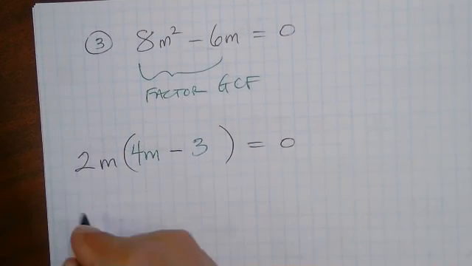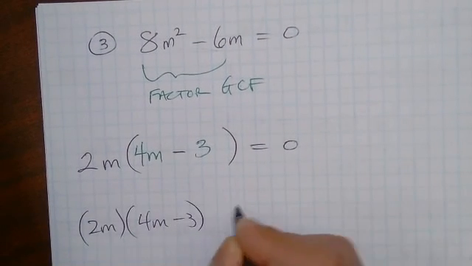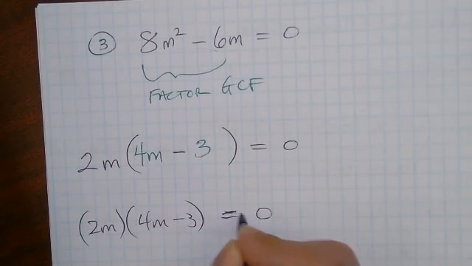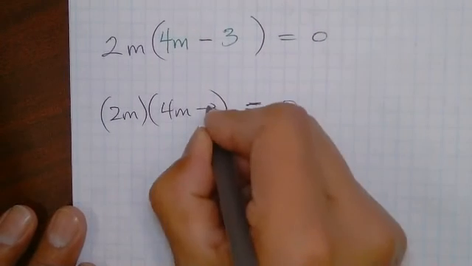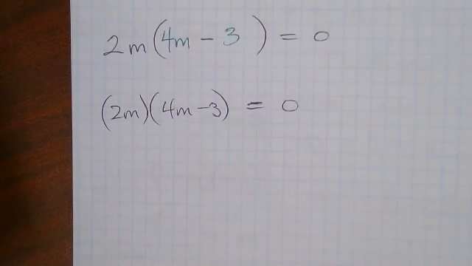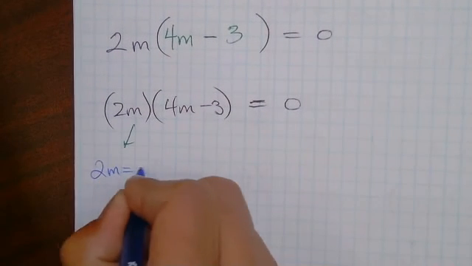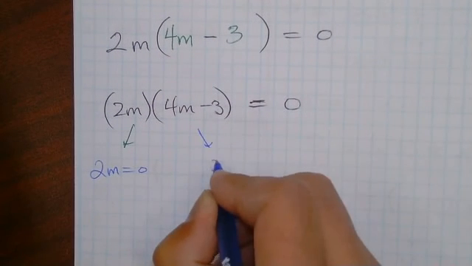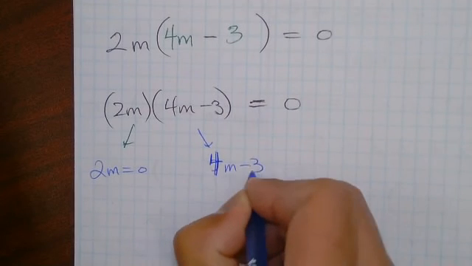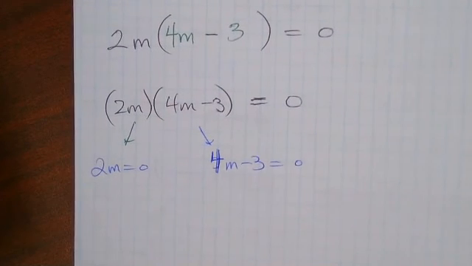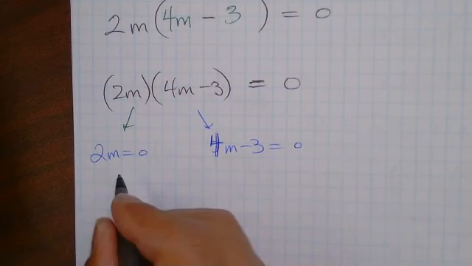And then now that it's factored, now that you understand that this is the 0 product property and two things are multiplying that give you 0, then how do you solve this? You put each of them equal to 0. And you get the answers.